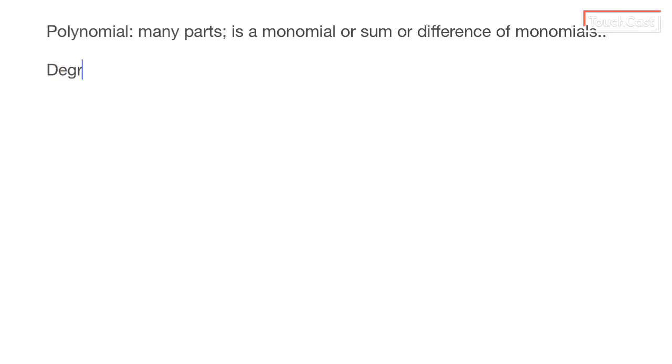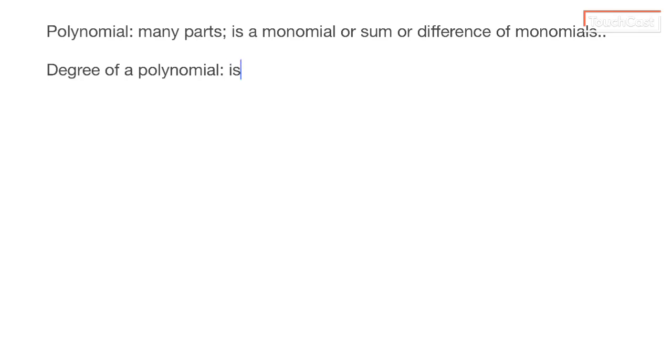The degree of a polynomial is found by taking the degree of every term and finding which term has the highest degree.